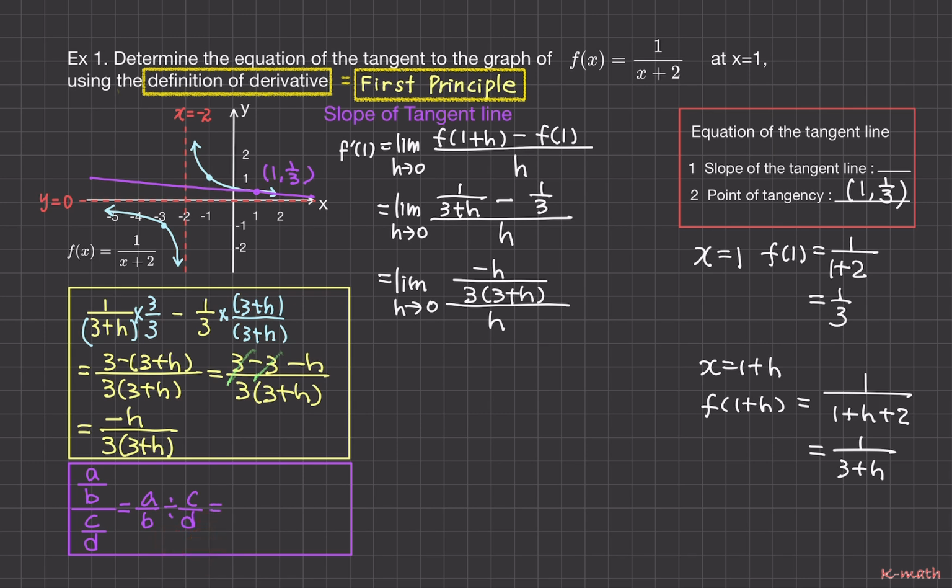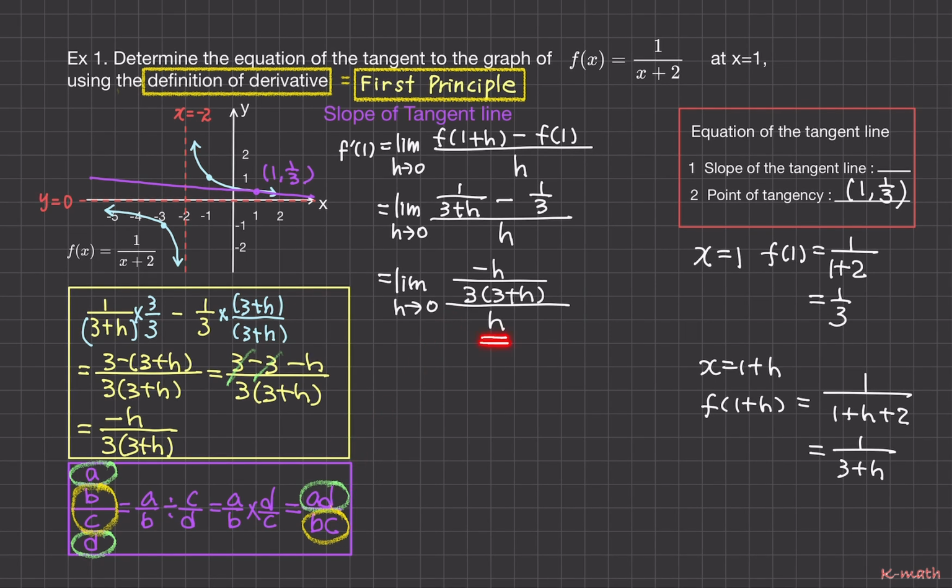Now we have a over b times d over c, which becomes ad over bc. To go from here to here directly, you just multiply the very top and very bottom, ad, over the middle two, bc. Let's apply this idea to our expression.